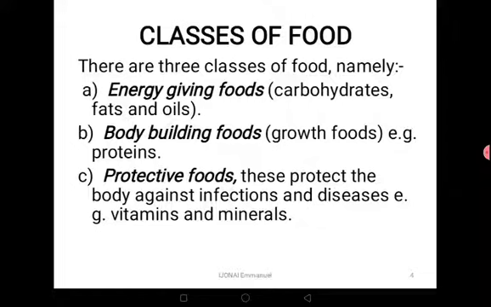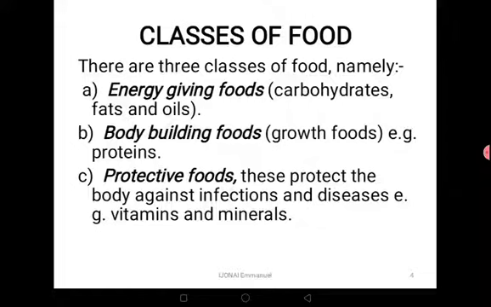And then we have another class called the bodybuilding food. These foods are sometimes called the growth food, and they are majorly the proteins. These are very essential for the building of new cells in the body, so as to increase in size.